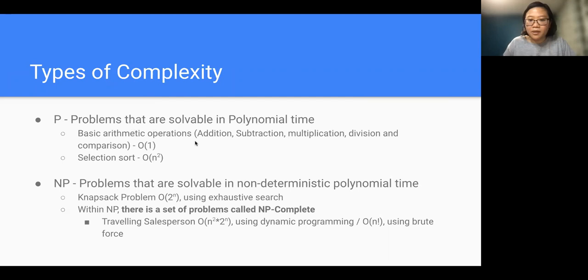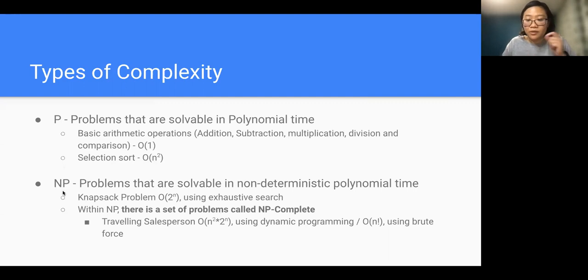If you want to think about what types of problems are P-type problems, we have basic arithmetic operations, right? Addition, subtraction, anything that is O of 1, constant time complexity, or as I said, n squared, selection sort, that is solvable in polynomial time. They are very easy to validate that they are correct, and there exist solutions that are quite fast.